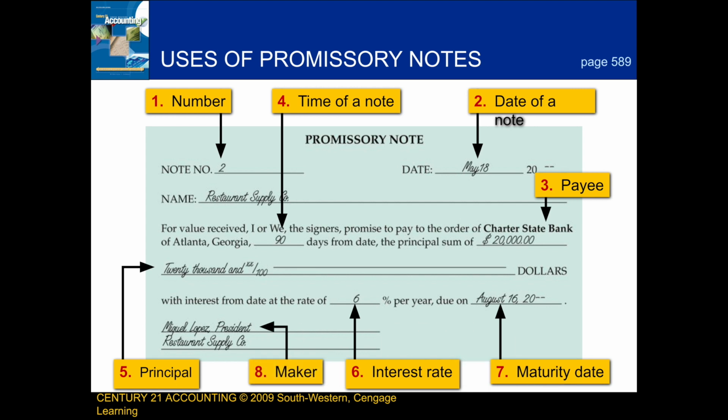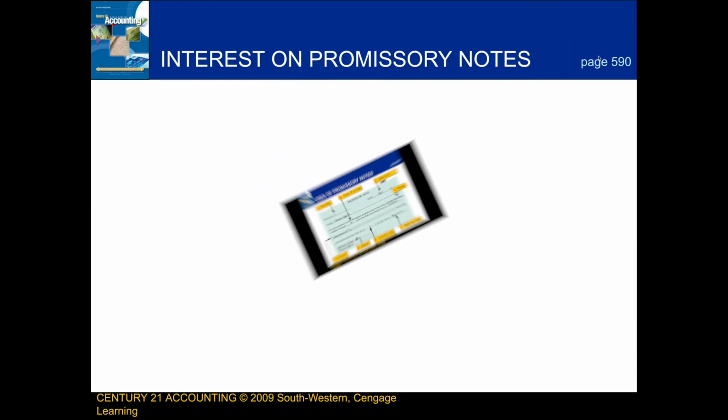And finally, number 8 is showing us the maker of the note. Okay, next we're going to be talking about calculating interest on a promissory note for 1 year and for a fraction of a year.